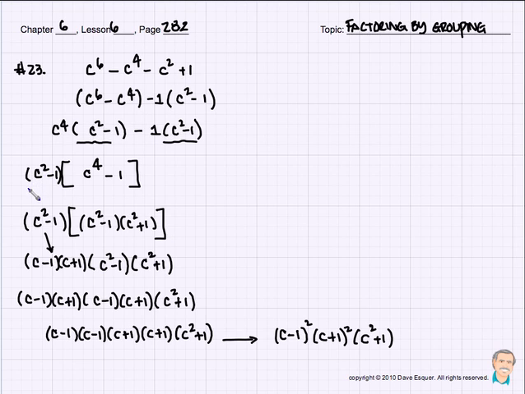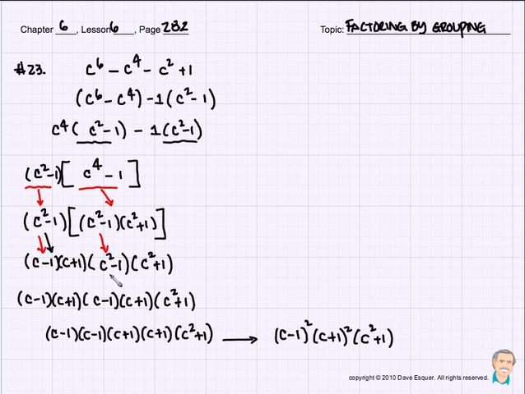Sticky problem. Let me go back and identify the difference of 2 squares. Here's one. Here's another. That one became these 2. This one became this one, which became this one.